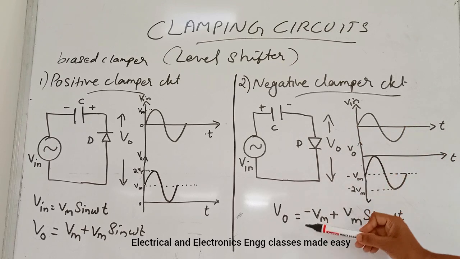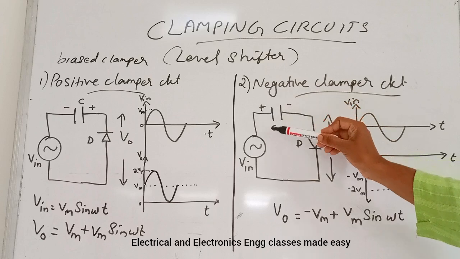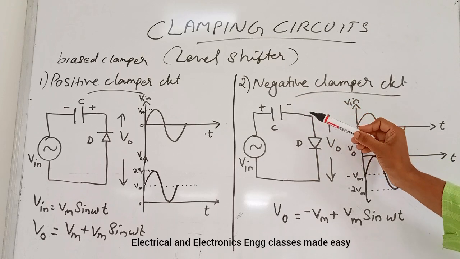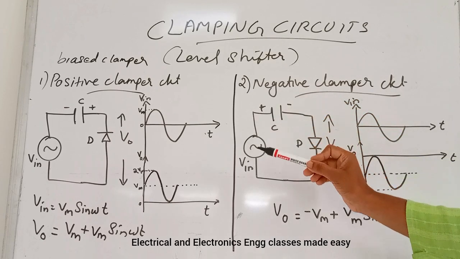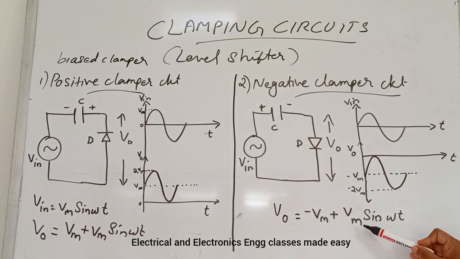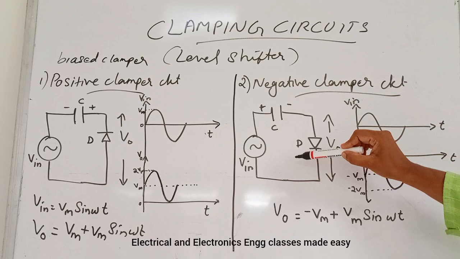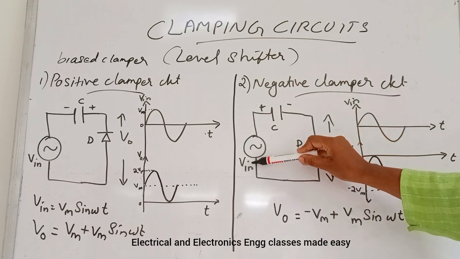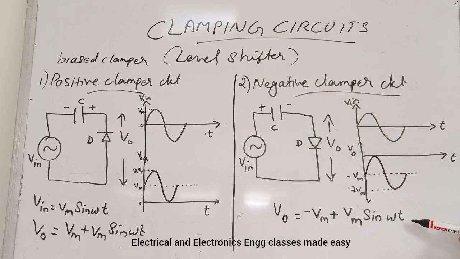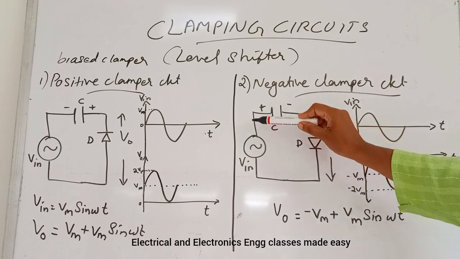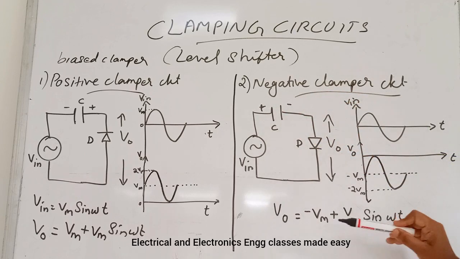V0 will be equal to minus Vm plus Vm sin omega t.